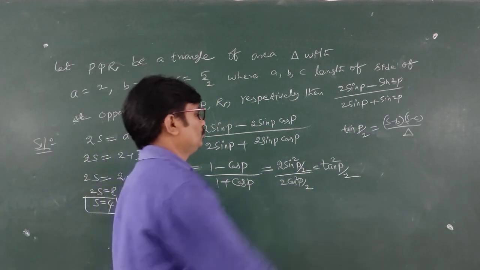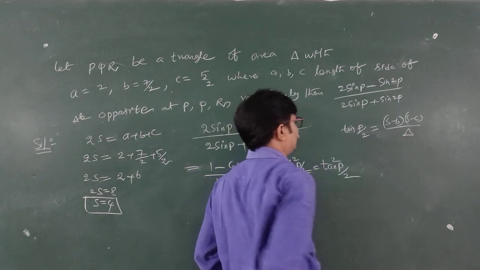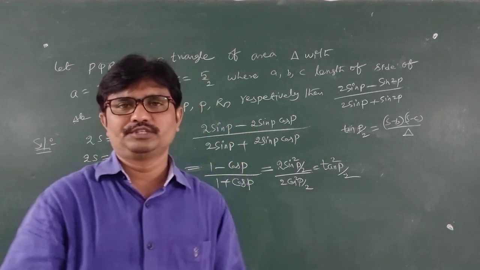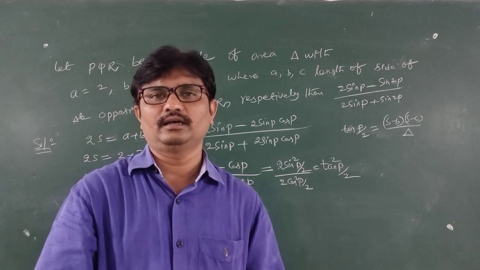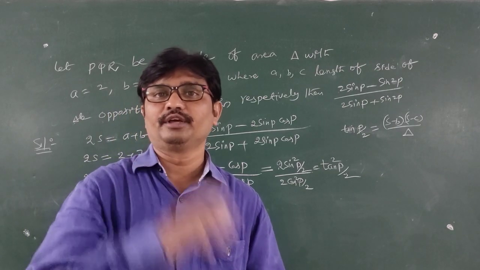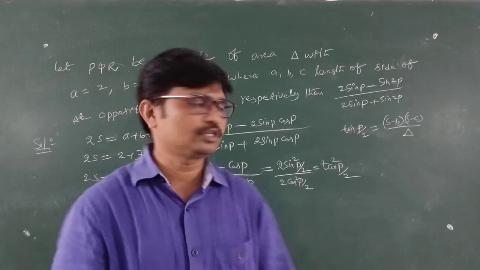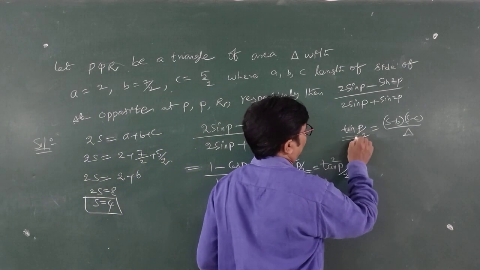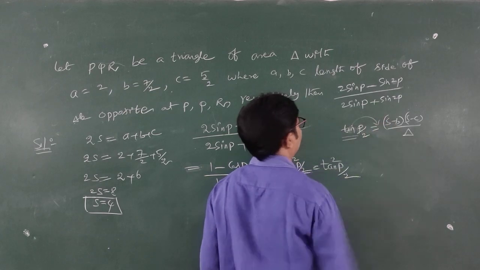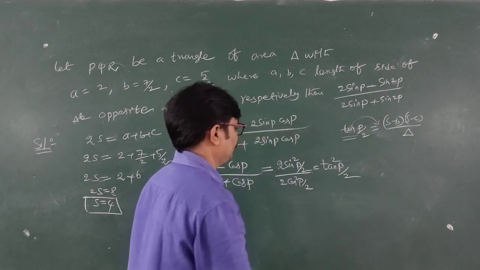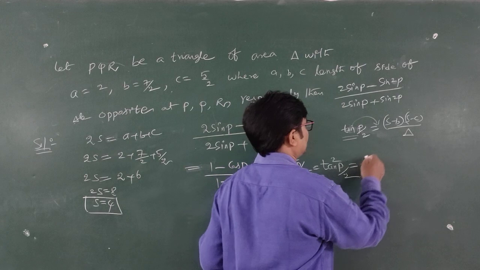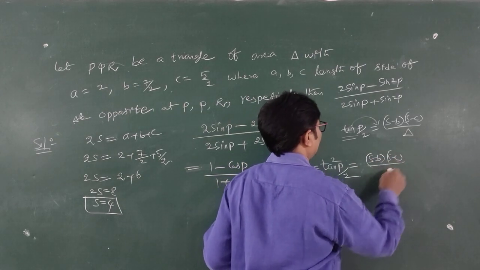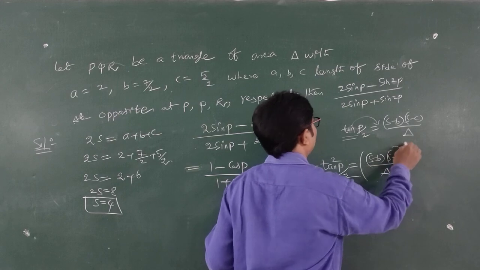When we remove the root, we take delta in the denominator, so each and every option includes delta. So tan p by 2 is root of s minus b into s minus c by delta, and squaring on both sides, s minus b, s minus c by delta whole square.